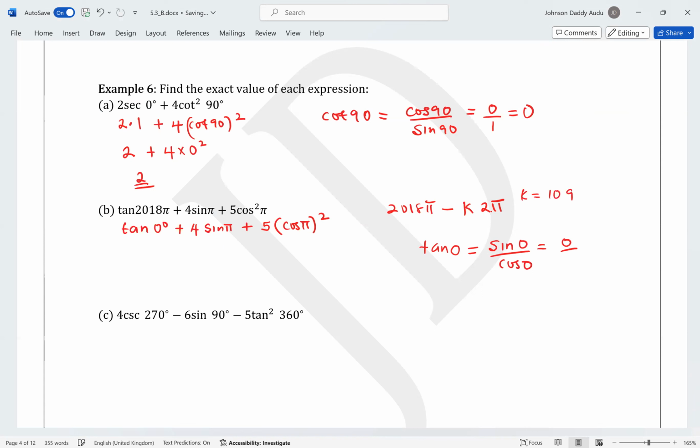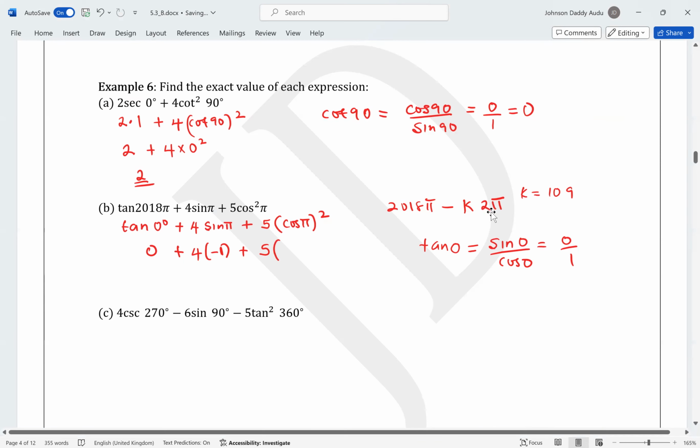But sine 0 is 0, while cosine 0 is 1. So tan 0 is just 0. Then plus 4 times sine 180.